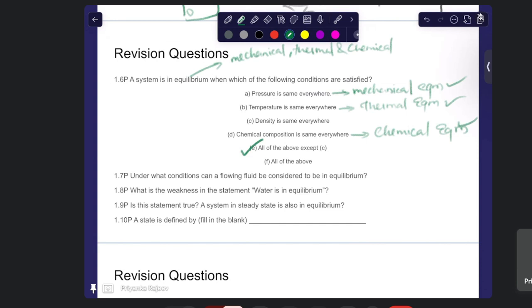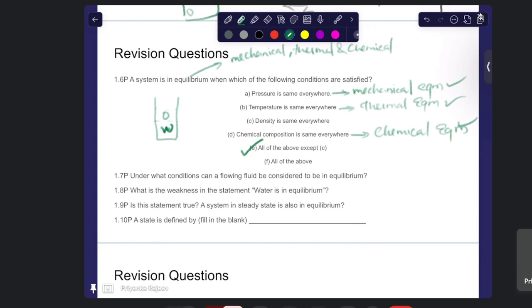For example, oil and water. Okay, oil and water, you pour it in a container and water will be here and oil will be here because of density difference, but there is no change in chemical composition, there is no thermal change or no mechanical change because it will be lying there just like that. I mean, there won't be any movement or anything after a point of time.